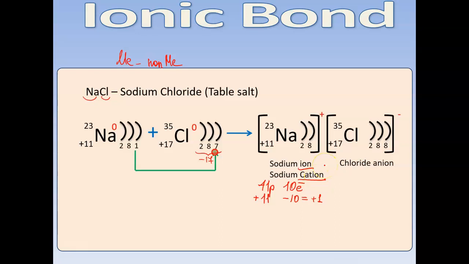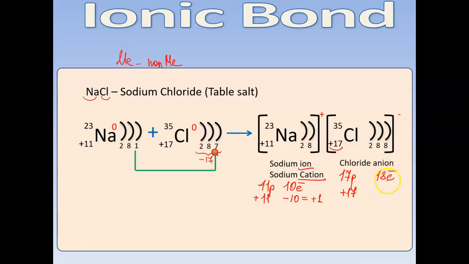And what happened with chlorine? Now it's not neutral too, because its nucleus still has 17 protons, and the charge of 17 protons is plus 17, correct? And because chlorine gained one electron from sodium, right now it has 18 electrons.